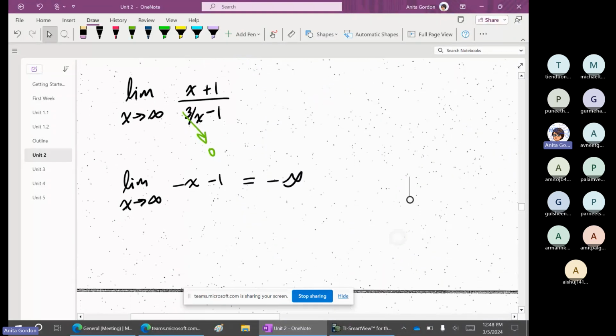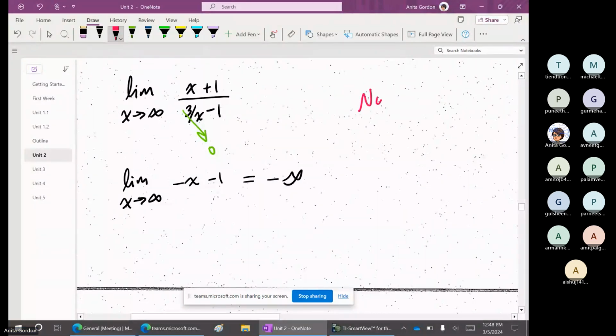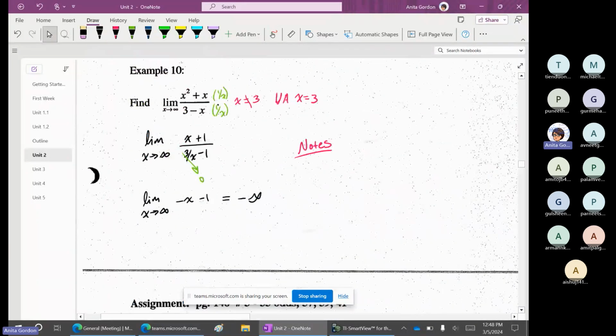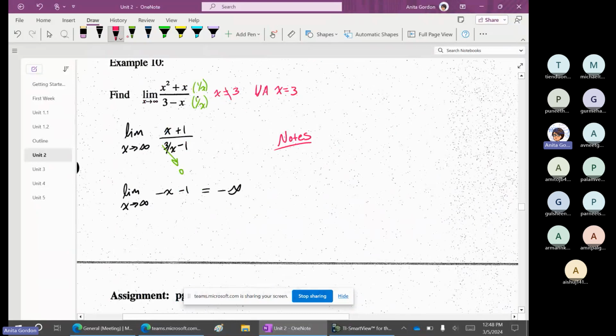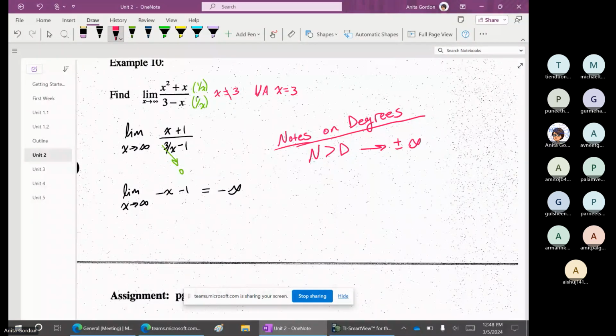Okay, some notes about the degrees and infinity. Notes on degrees, I should say, degrees of the polynomials. If the numerator is greater than the denominator, this will approach plus or minus infinity depending on coefficients.